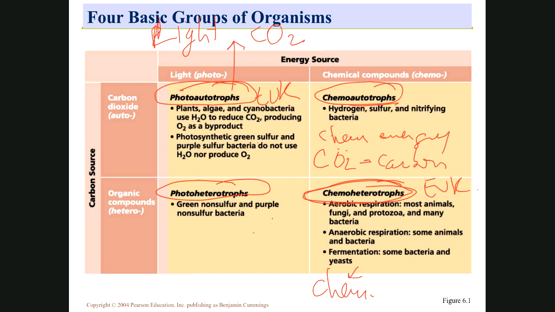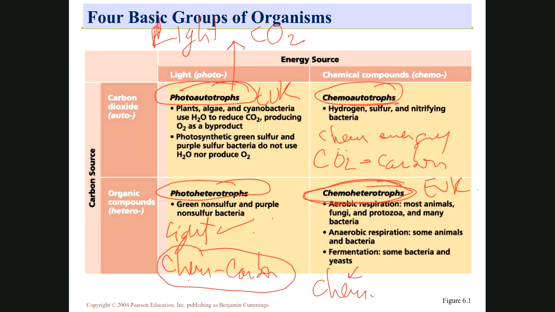Photoheterotrophs will be photosynthetic. They're going to use light for their energy source. However, they're going to use chemicals for their carbon source. So they don't have a Calvin cycle. They are photosynthetic, but they don't have a Calvin cycle. These are microorganisms, prokaryotes that live in polluted lakes, where they can use the light that filters through as their source of energy, and they'll use the organic compounds, dirt and leaves and decaying matter, as their source of carbon.